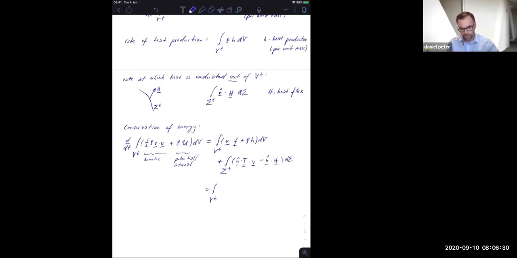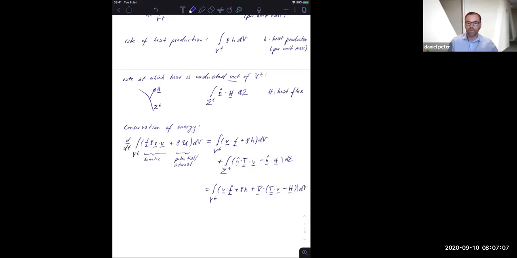So the top one stays the same. We have the rate of work of body forces plus the heat production, rho h. And now we have this divergence of the stress tensor times V minus the heat flux h, dV.